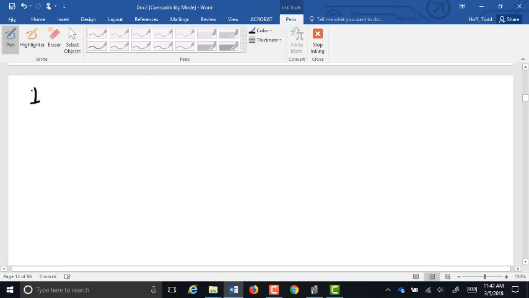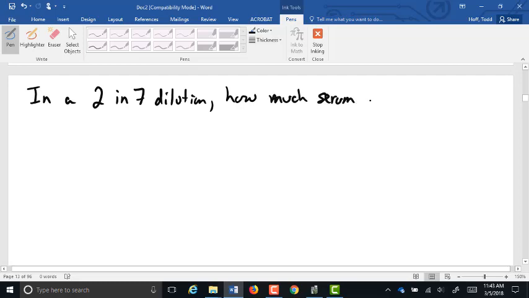So let's say this: in a 2 in 7 dilution, how much serum is required to mix 140 milligrams of total solution?